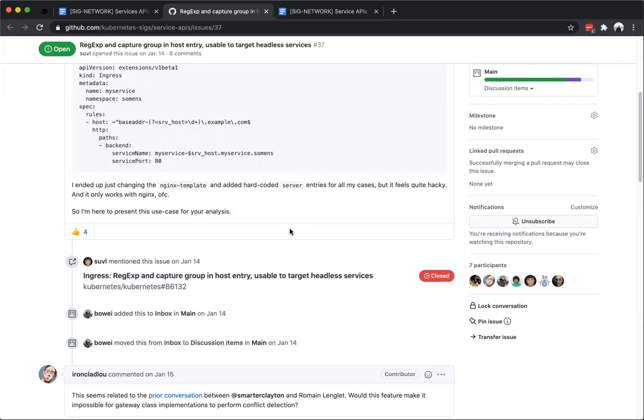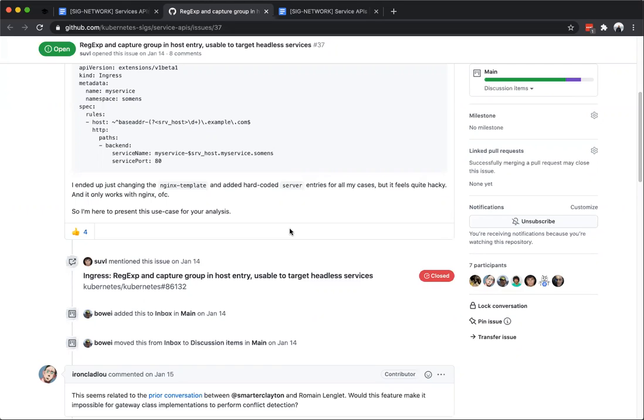Yeah, once you put in regex, conflict resolution gets really hard. And you also have to define what regex standard you're supporting. If you're not explicit about that, that can be really confusing.